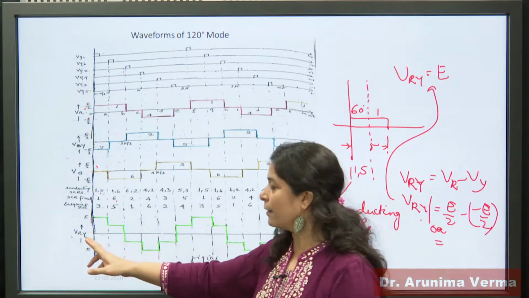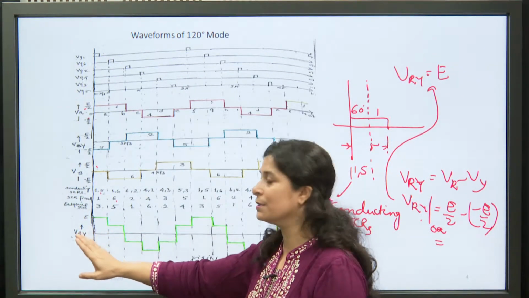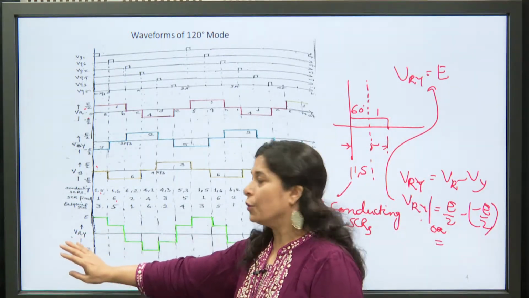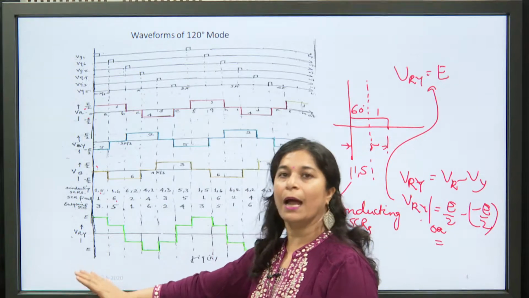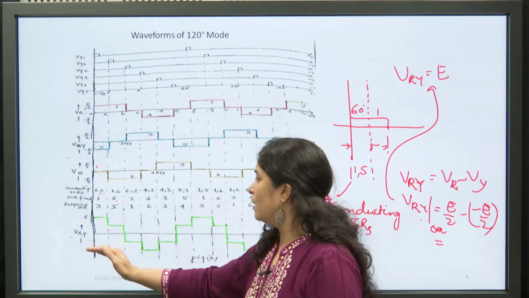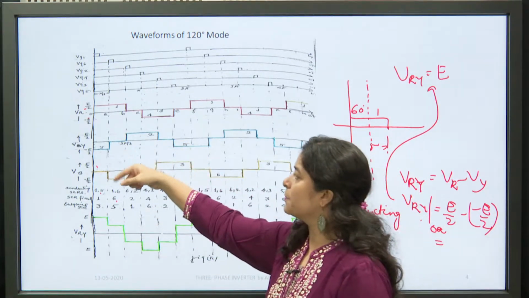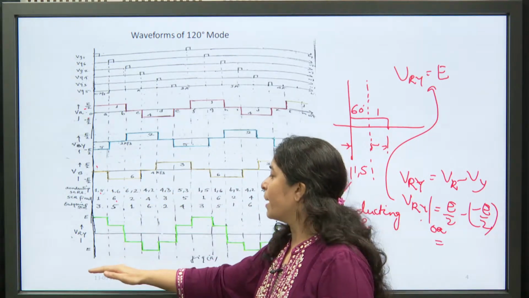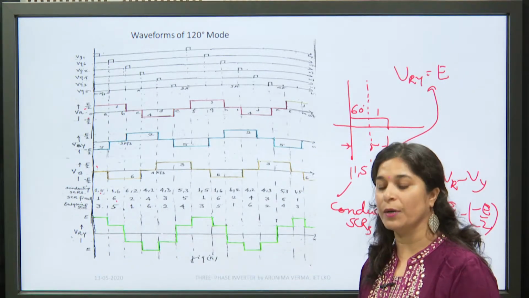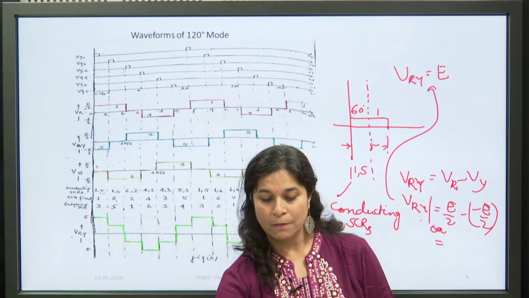I have just given you an example: VRY is one such example which I have drawn. Secondly, you can have VYB and VBR. If you draw VYB and VBR, taking into consideration the respective phase voltages, you will find that the line voltages are also 120 degrees apart from each other.